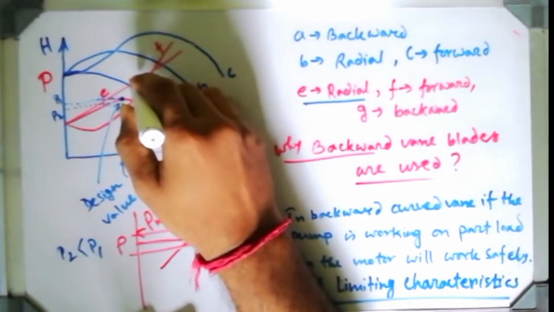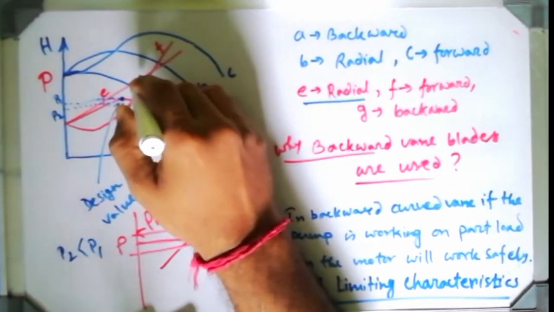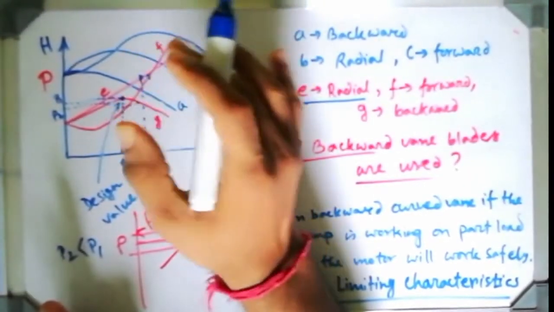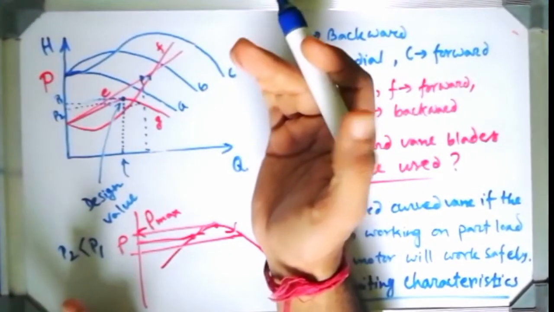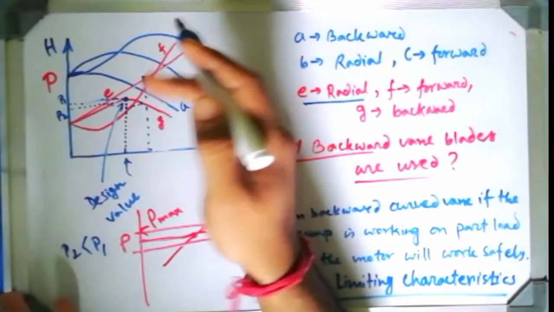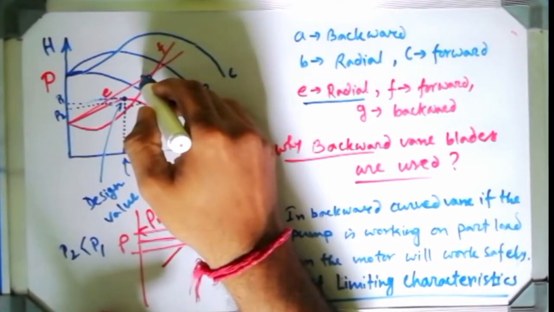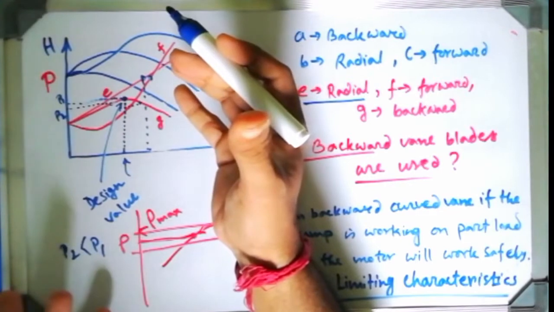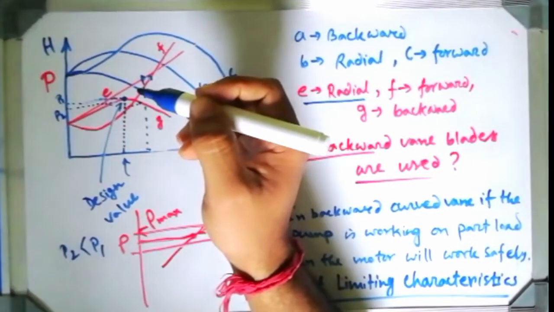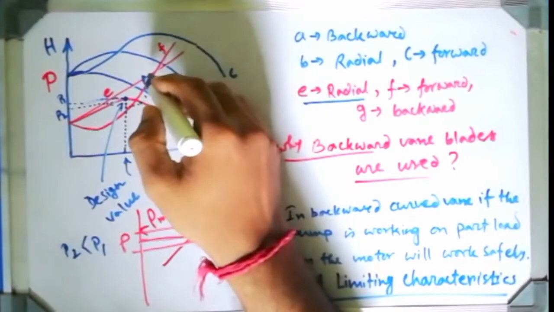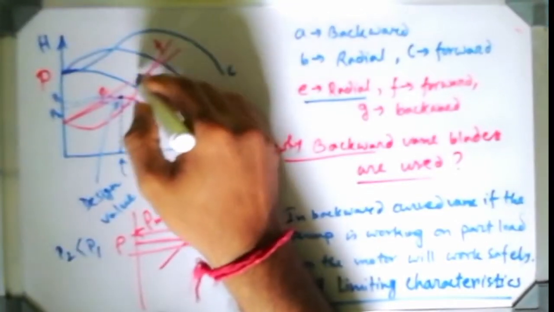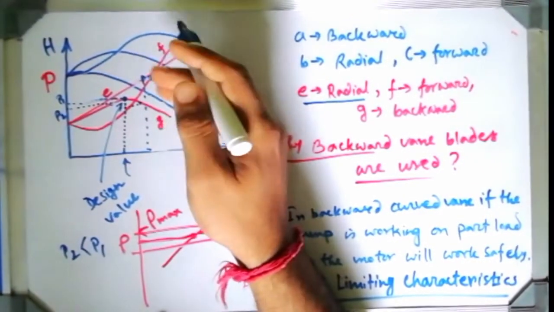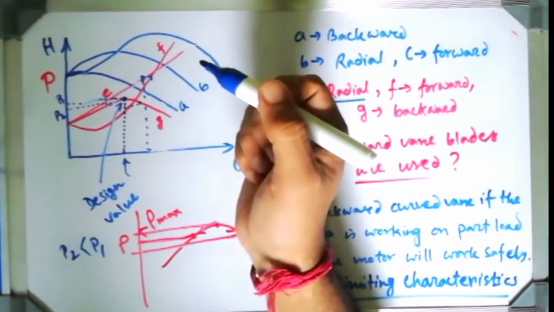If we are running with a lesser value, then it is working under rated condition, you will get lesser discharge. But if you climb up, the curve is also going high, so as a result power consumption will be more, the motor will be heated up, it will get burnt.